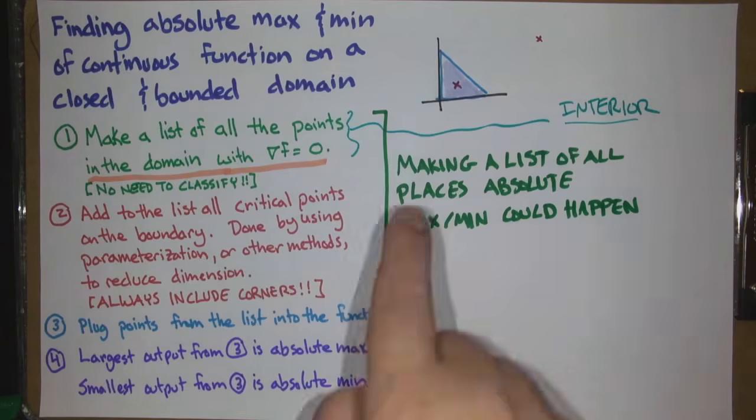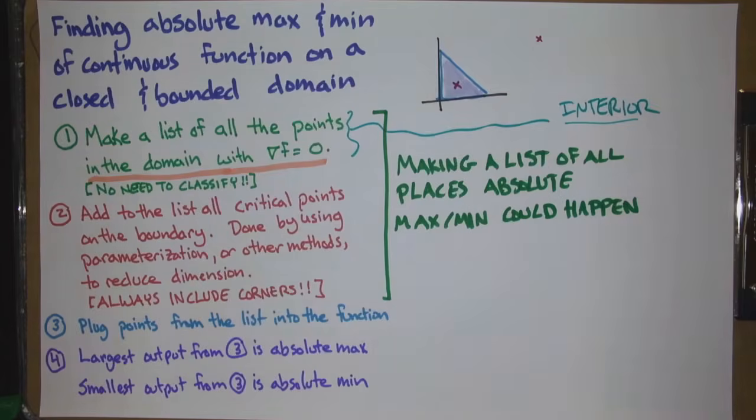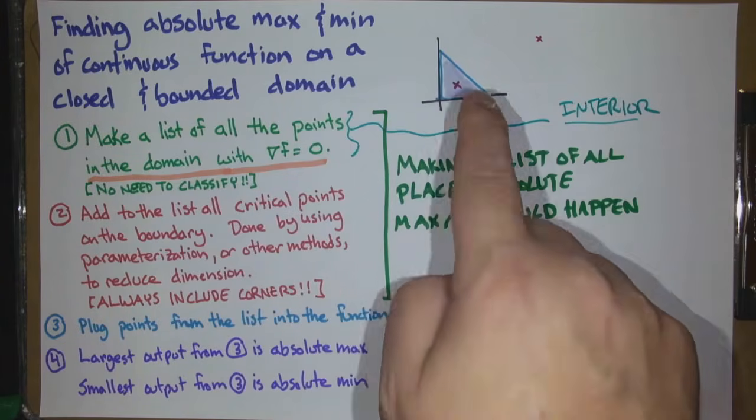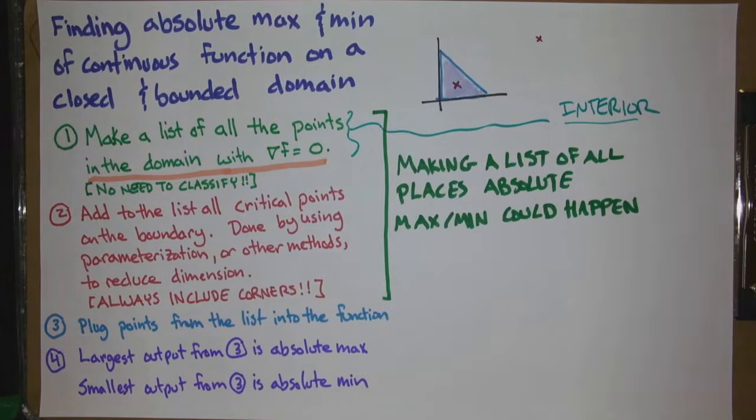And then for any other piece of our boundary, we say, well, hey, we can think of this boundary piece. It's not a two-dimensional region, it's a one-dimensional thing. So we can use parameterization to get it down to just a single variable. And once we get it down to one variable, then we can look for critical points using our single variable tools. So we're going to reduce dimension.